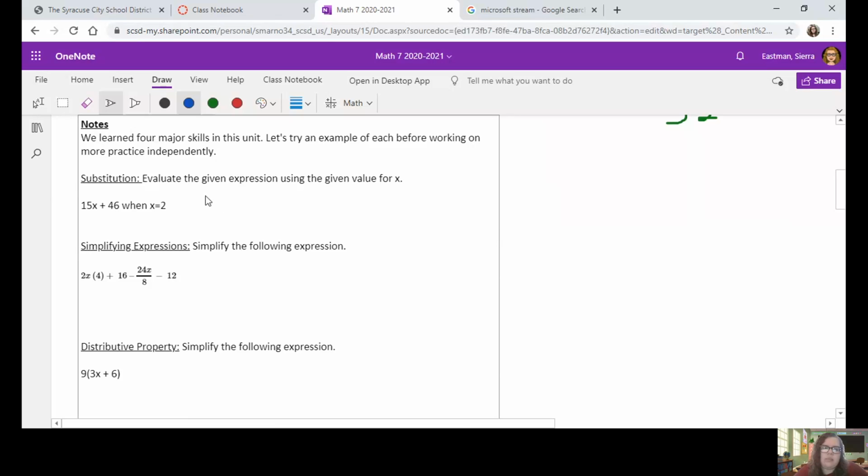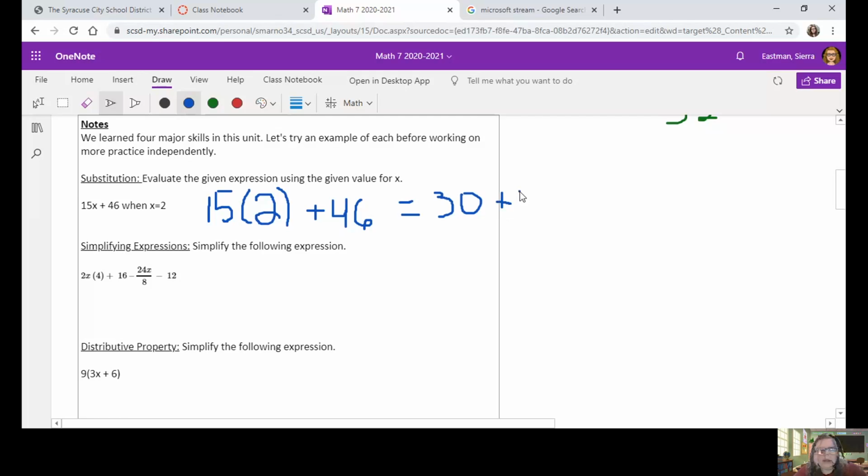Okay, we should automatically see if they're giving us this expression and also the statement when or if the value equals a certain number, they're telling us to take that expression and substitute that value. My x is becoming a 2, and I'm adding 46. When I do that, 15 times 2 gives me 30.